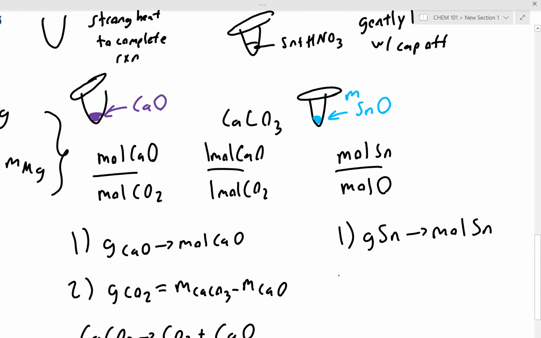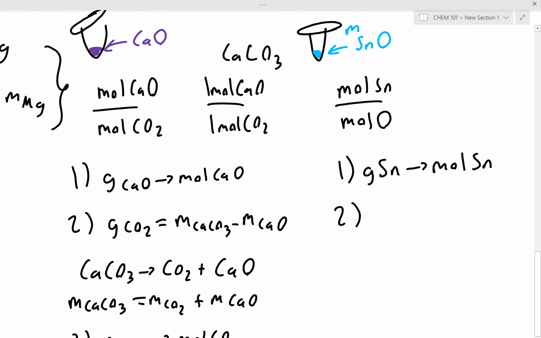Yeah. The next step, just like we did in the magnesium example, so thinking about this, we have tin reacting with a quote-unquote oxygen source to make tin oxide. So if we know the mass of tin and we know the mass of tin oxide, can we figure out by a difference the mass of oxygen? Yeah, by conservation of mass we can.